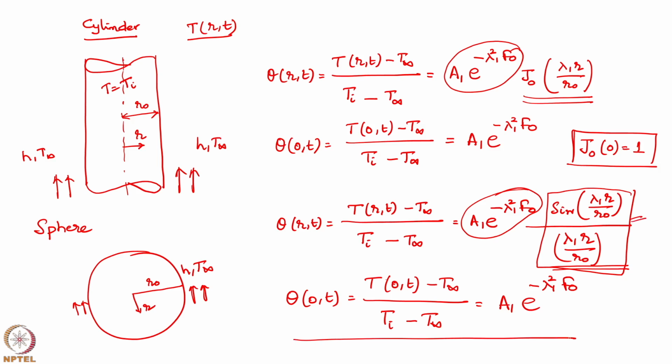Now the next question is, what is the heat transfer for cylinder and sphere? So for the cylinder, it is Q by Q max equal to 1 minus 2 theta naught cylinder into J1 of lambda 1 divided by lambda 1.